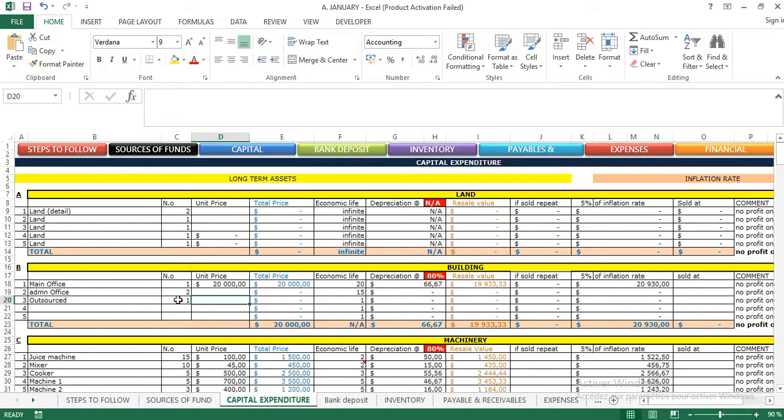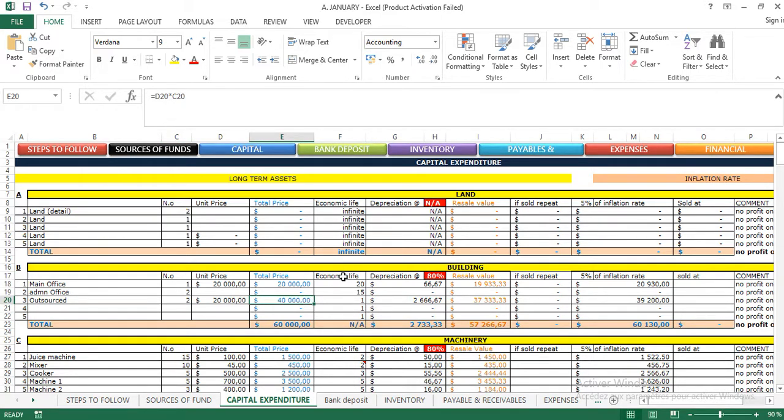For instance, you have two outsourced offices. Average price per office you purchased is 20,000. Then the total value of your offices is 40K.